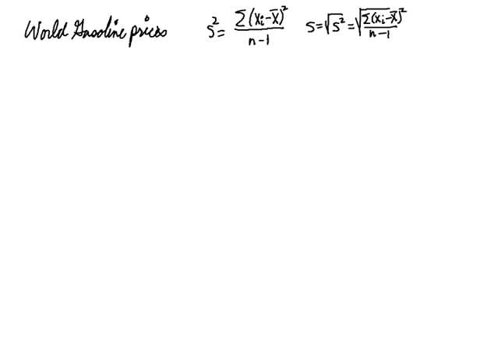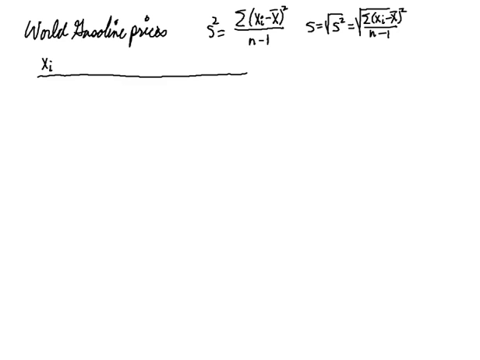Now, anytime you see a summation sign in a formula with a subscript i, in this case on the x, you're going to set up a table and do a calculation on each data value and then add those calculations together. So I'm going to set up a table, and in the first column I'm going to list all of my data values.